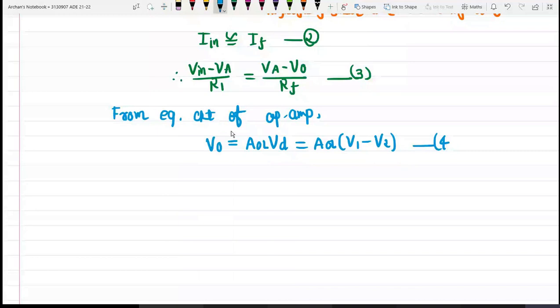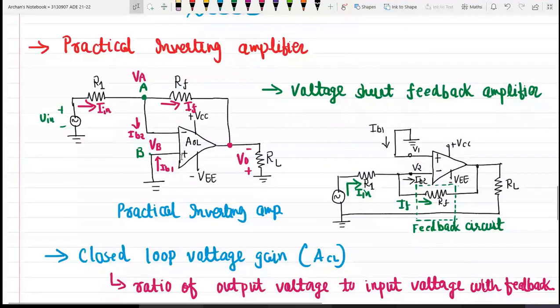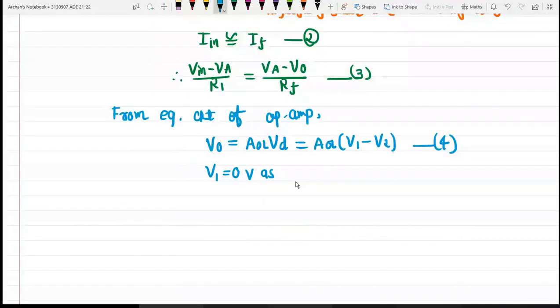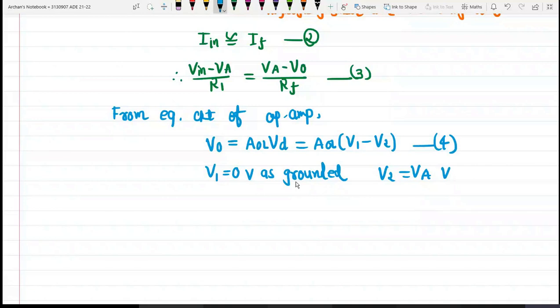But what is V1? Let us go back to the circuit. V1 is the voltage available at this terminal, the non-inverting terminal. It is grounded, right? So V1 is equal to 0 volt as it is grounded, and according to the virtual ground concept, V2 will be equal to VA volt.